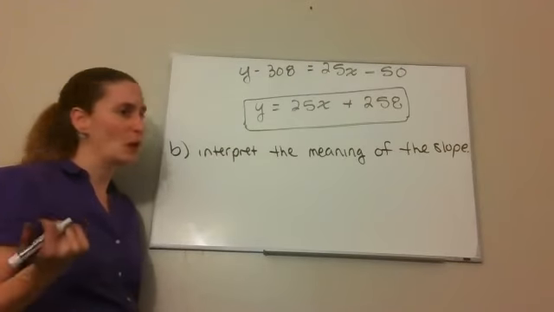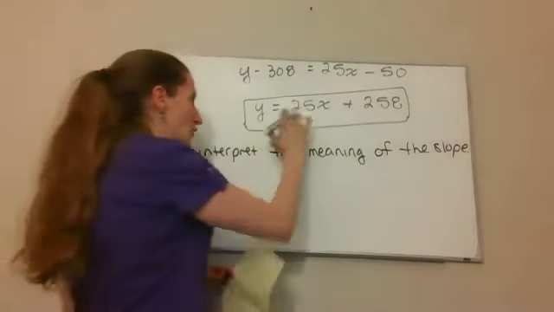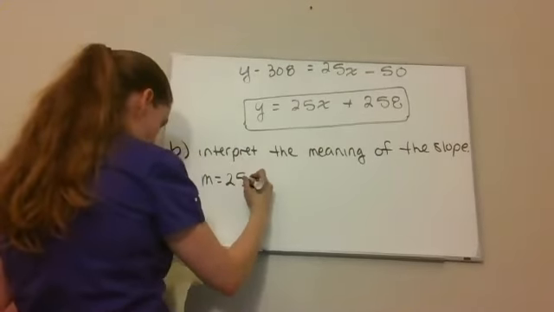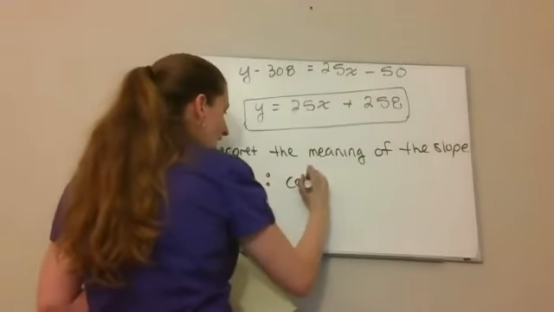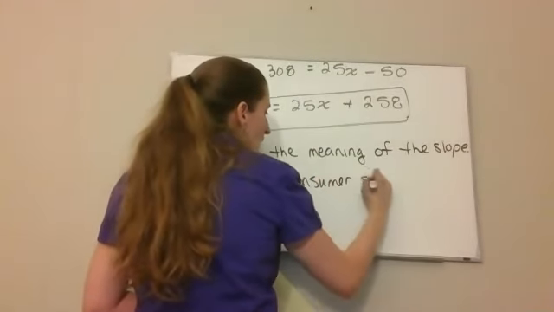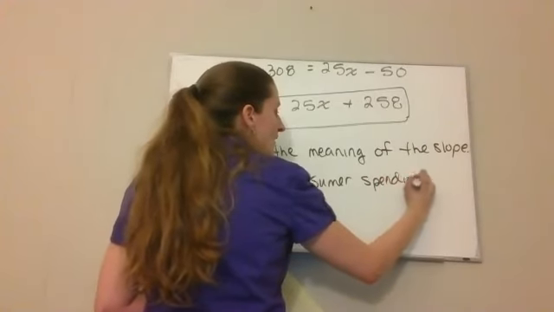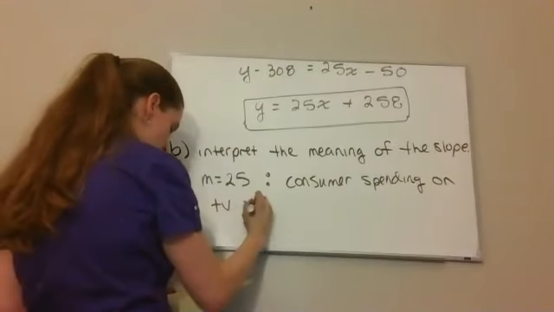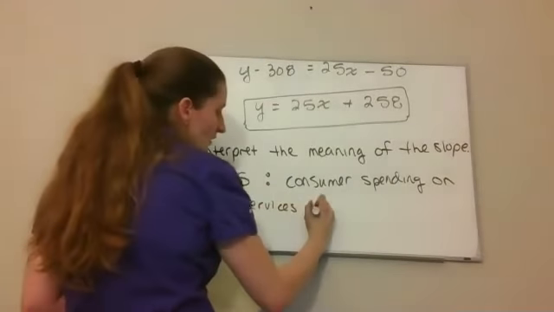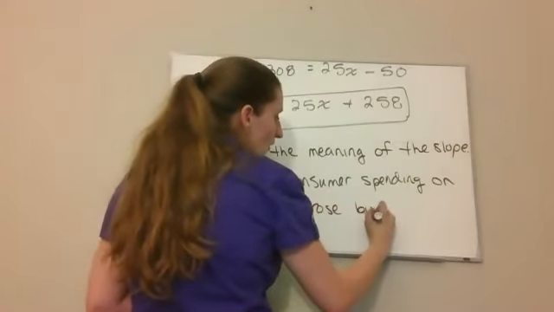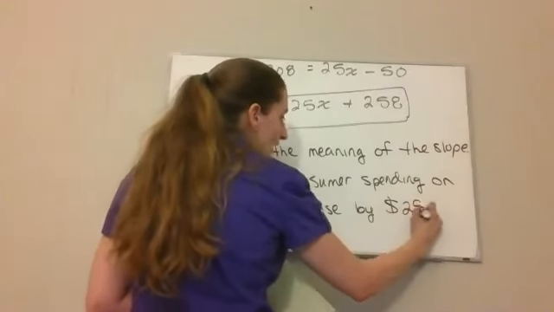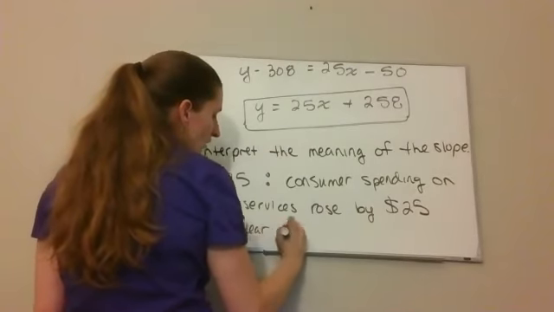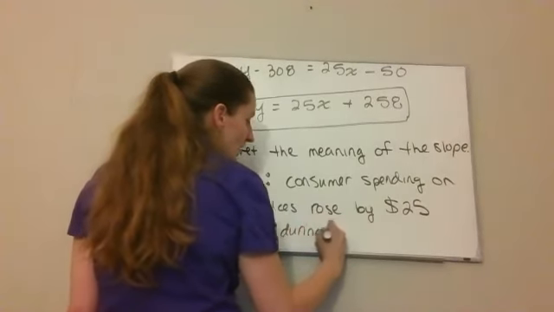First, what is my slope? My slope is my m, which is 25. So my slope of 25, what this means is the consumer spending on TV services rose by $25 per year during this time period.